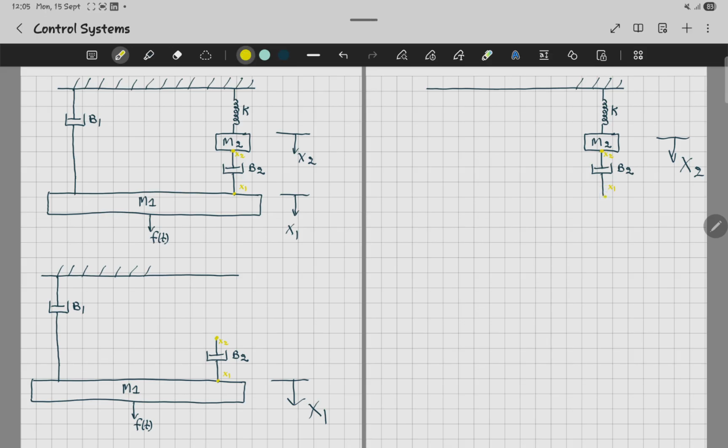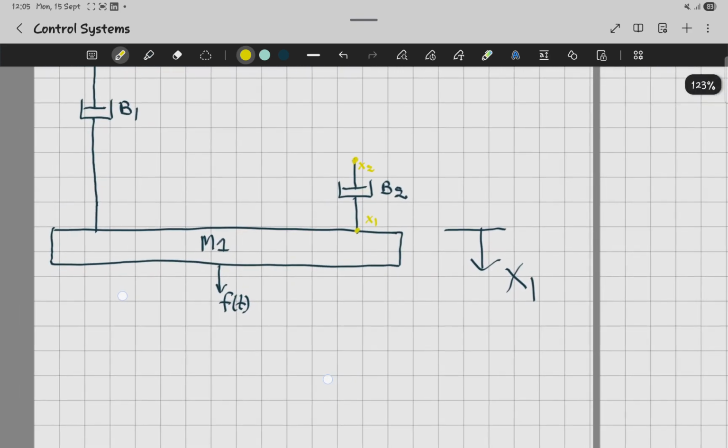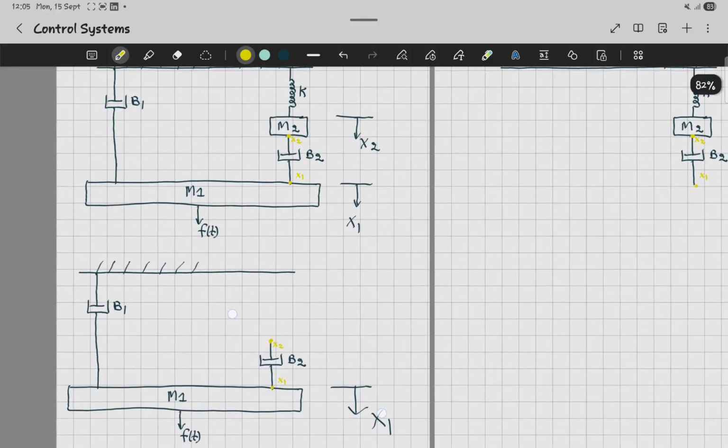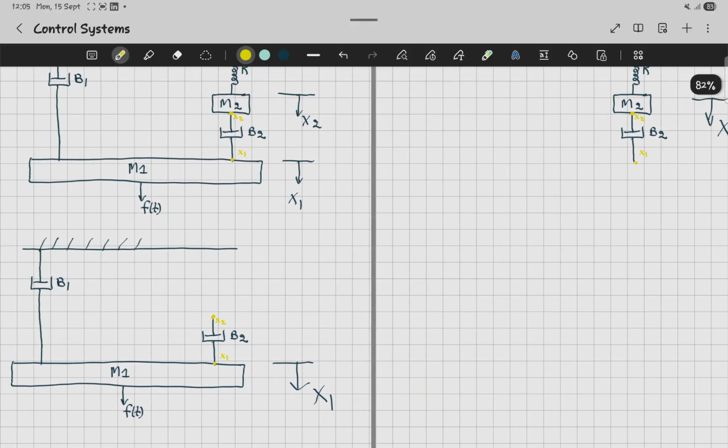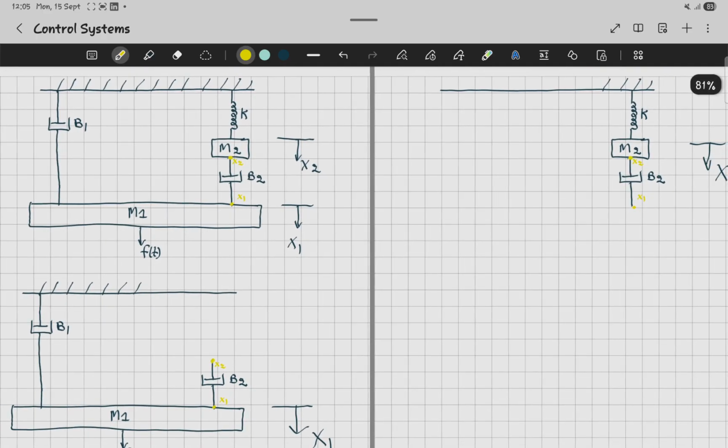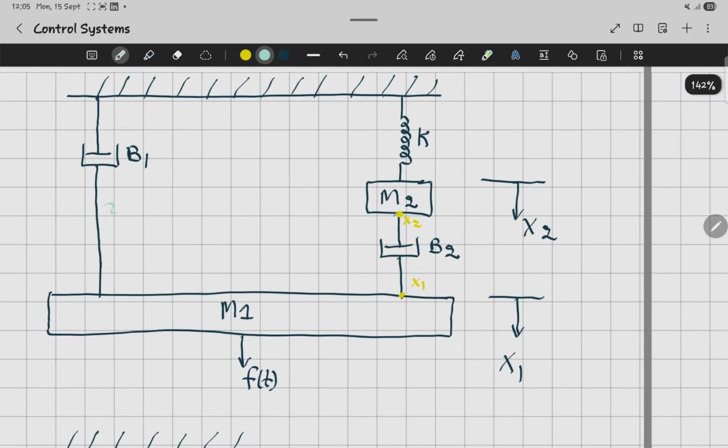Now we're going to take the equation out. Let's start with this one. Everything that is connected directly to mass 1, I'm going to go back to this image. This one is directly connected to mass 1, and mass 1 is a function of x1. That means all of this is going to be times x1, except for this one, because it's actually connected between mass 1 and mass 2, so all of this here is based on x2.